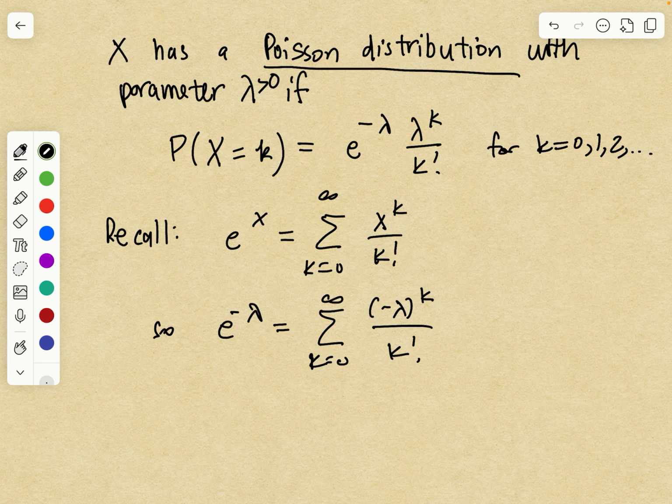So when I take the sum over all P of X equals k from 0 to infinity, it doesn't seem very obvious that the sum is 1.